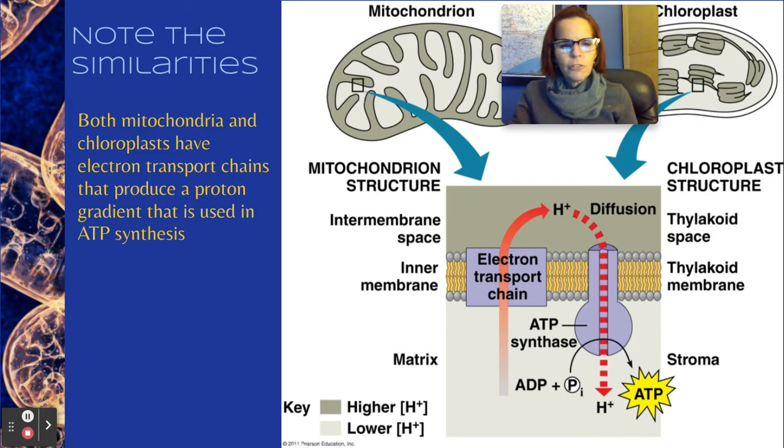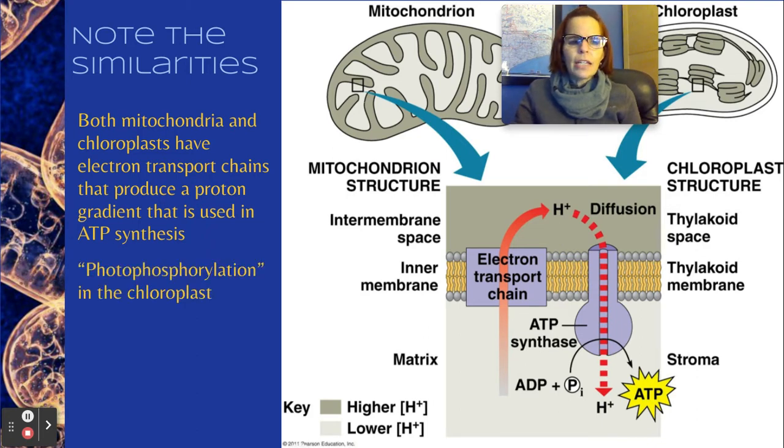Okay, so I'll get my picture out of the way again. Both mitochondria and chloroplasts have electron transport chains that produce a proton gradient that is used in ATP synthase. It's called photophosphorylation in the chloroplast because the energy source in that case is light. Remember, light ejected the electrons, and then the electrons were captured in this electron transport chain, and it was used to make some ATP.